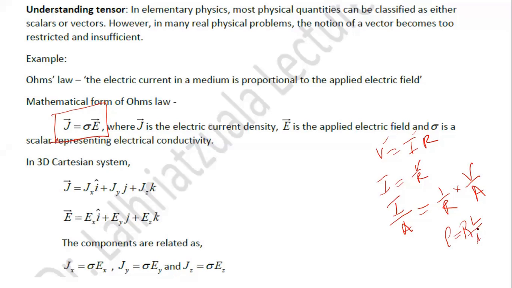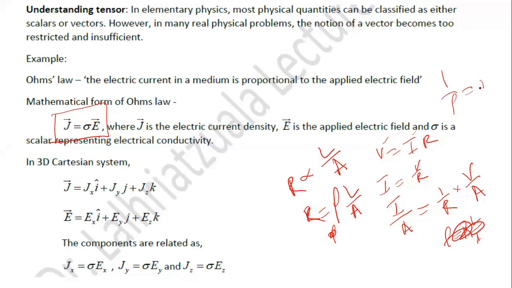The resistance of a material is directly proportional to length and inversely proportional to cross-sectional area, and the proportionality constant is called your resistivity. So you can express your R in terms of your resistivity, and the reciprocal of resistivity is what we call the conductivity of a material.